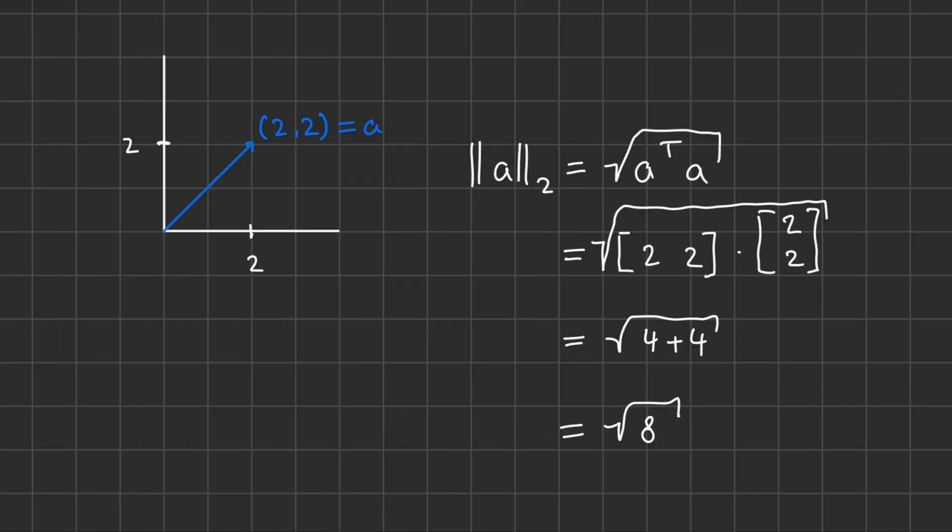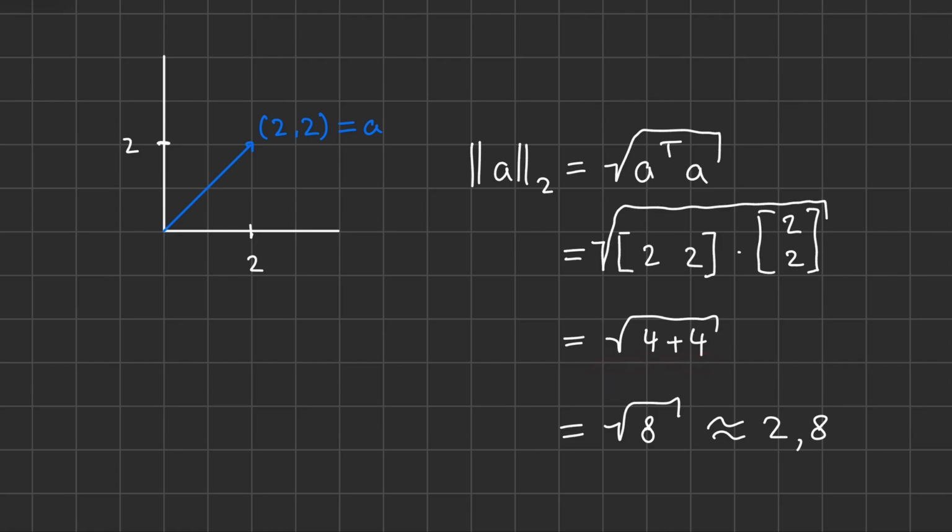For example, if we look at the vector (2, 2), and we plug it into our formula for the L2 norm, with our scalar product replaced with this matrix product, which we saw is equivalent, we see that the result is a scalar number, so a single number, and it is root 8. It tells us that this length here is root 8, and this is approximately 2.8.